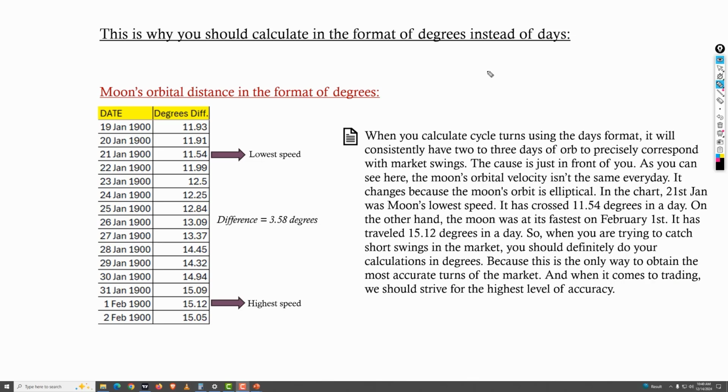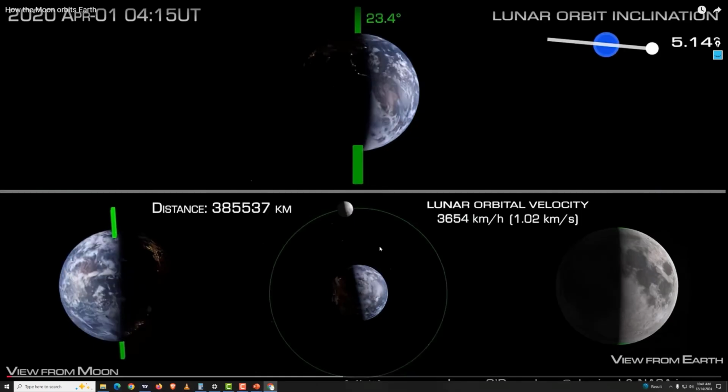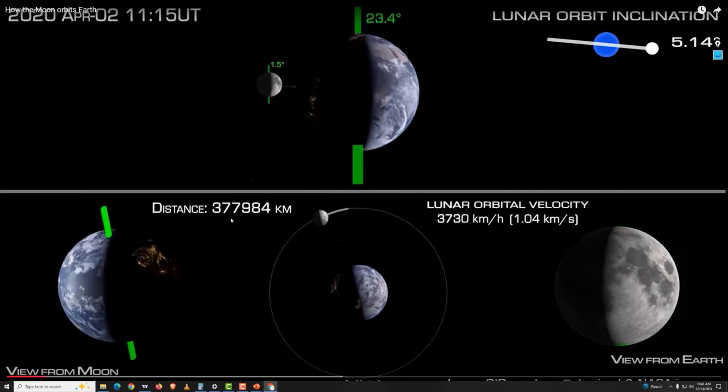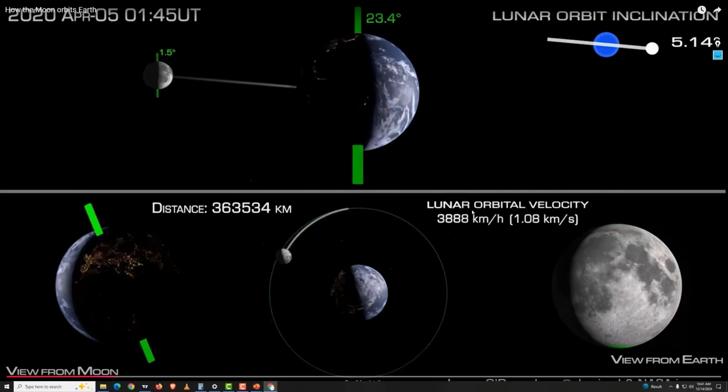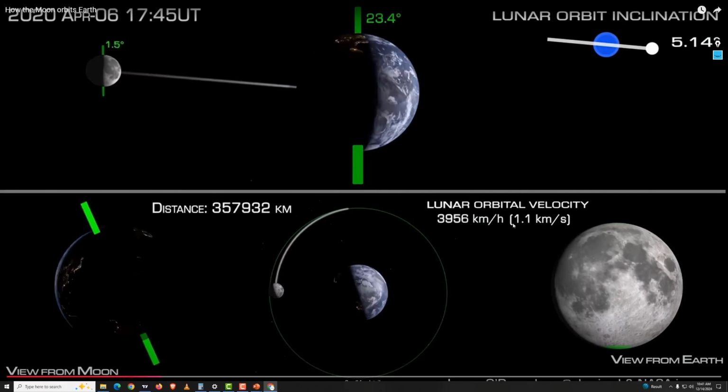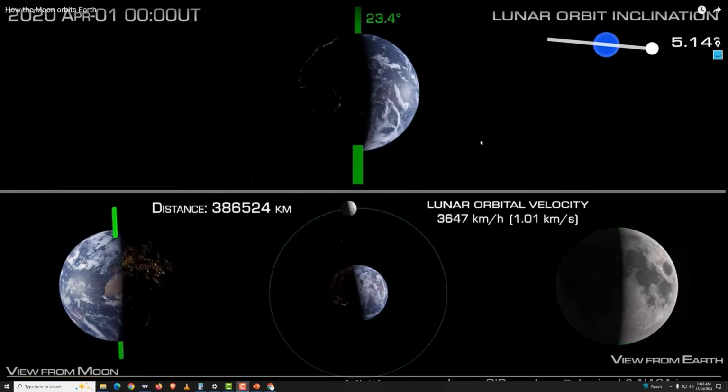Okay, before we continue the lecture, let's see a video from YouTube first. Okay, this is the distance and this is the velocity. Okay, just notice one thing. When the distance decreases, the velocity will increase.